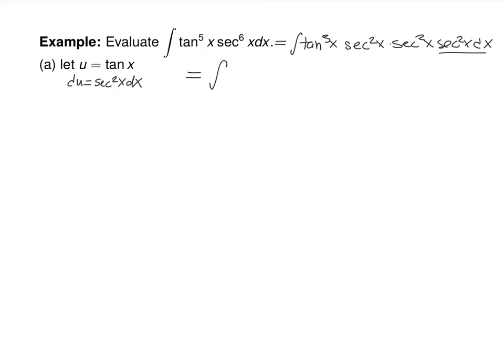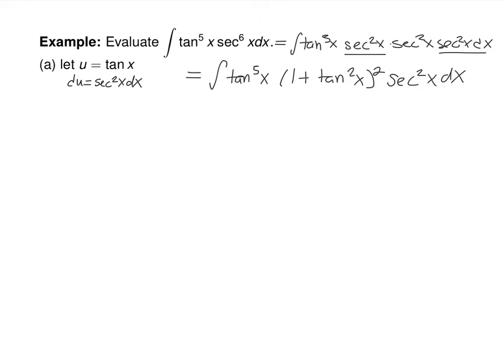So that's saved to be du. We have the integral of tangent to the fifth x. Now this secant squared is equal to 1 plus tangent squared, and we have two secant squareds that aren't the du. So we have 1 plus tangent squared quantity squared times secant squared x dx.